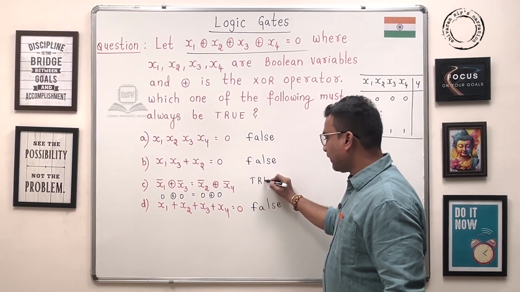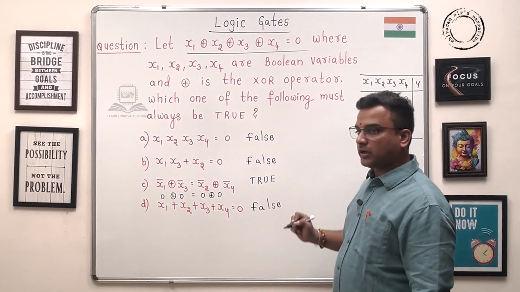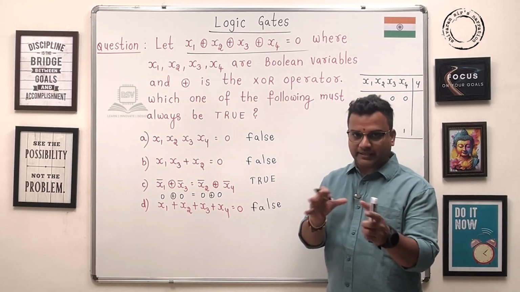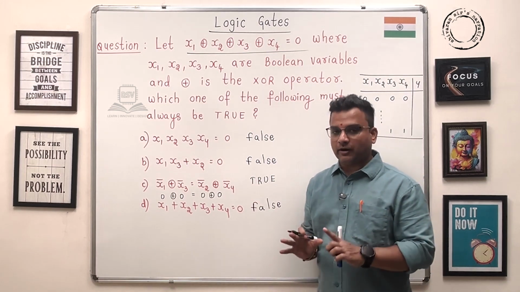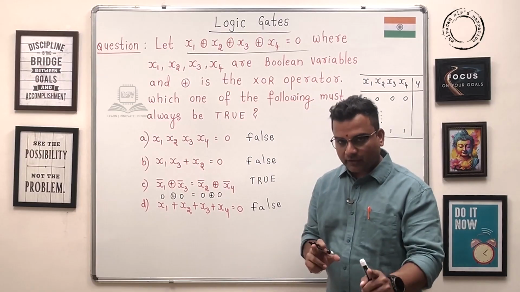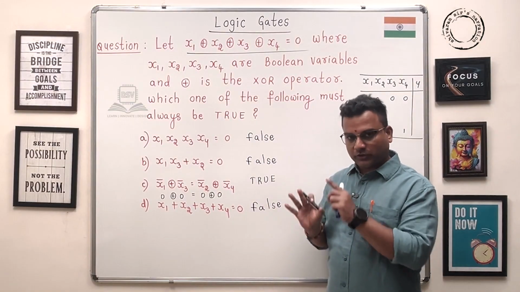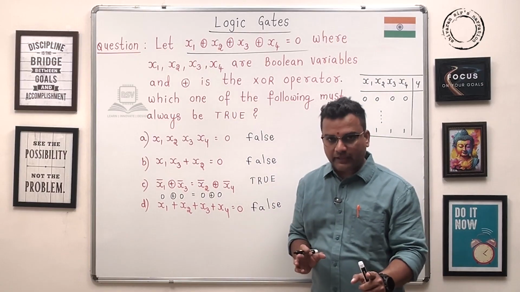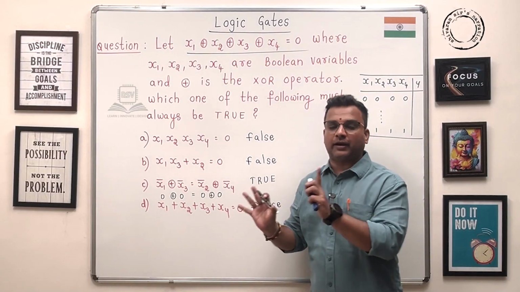Even for the 1, 1, 1, 1 combination it is satisfied. But what about the remaining combinations? Here for one combination it is true, but that cannot give you the guarantee. For that reason, you can go another way also.